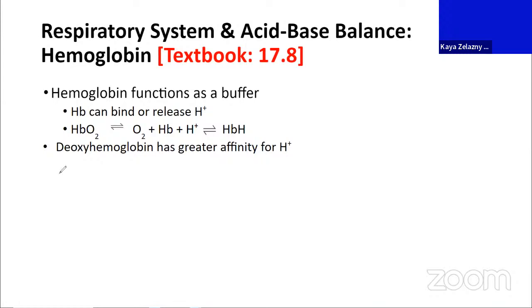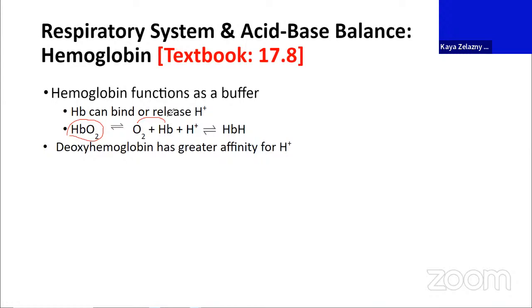So here's what's happening with the hemoglobin and those hydrogen ions. We've got reversible reactions. Here we have our oxyhemoglobin, hemoglobin bound to oxygen. And here we have our deoxyhemoglobin, hemoglobin and oxygen separate. It happens to be the case that deoxyhemoglobin has an affinity for hydrogen ions.